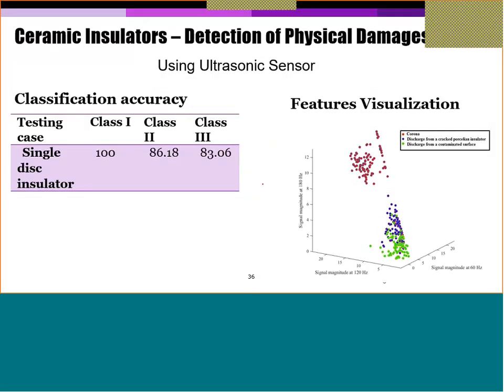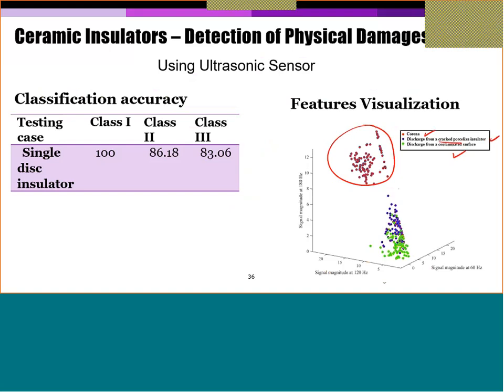When we use the ultrasonic sensor, I'm trying to show you the clusters of the three classes, which are the corona, the cracked porcelain insulator, and the discharge from a contaminated surface. Now you see that these two are overlapping: the discharge from a crack and the discharge from a contaminated surface.